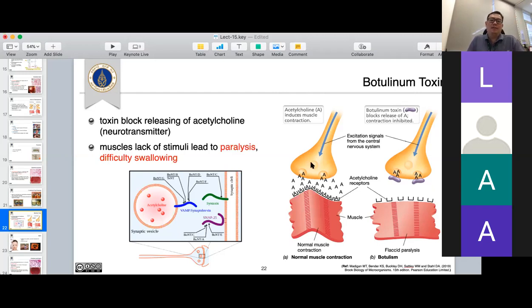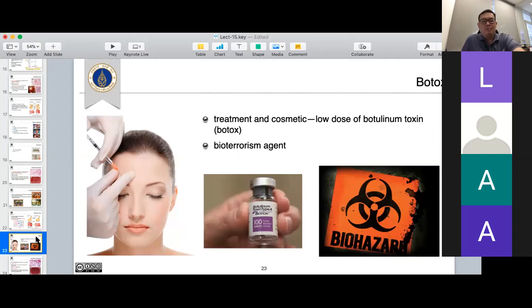Botulinum toxin is one of the very serious toxins, together with tetanus toxin and anthrax toxin. These three are used as bioterrorism agents. This is very serious. Another application of botulinum toxin is for people with Parkinson's disease who shake a lot.